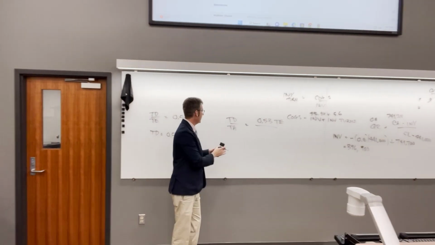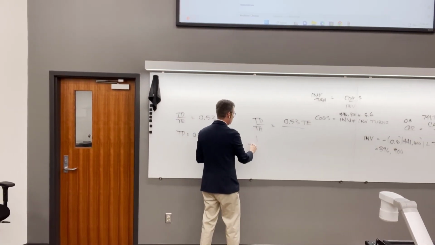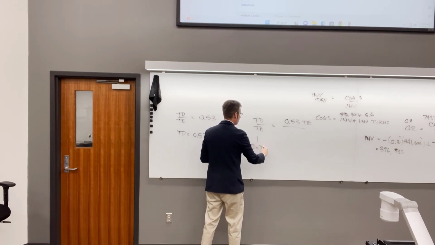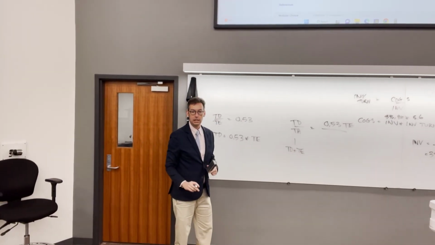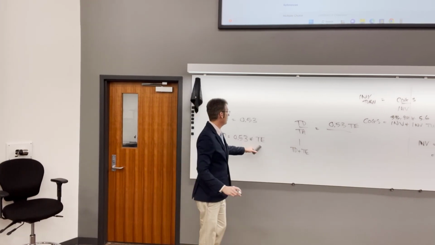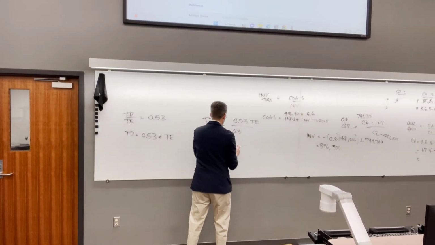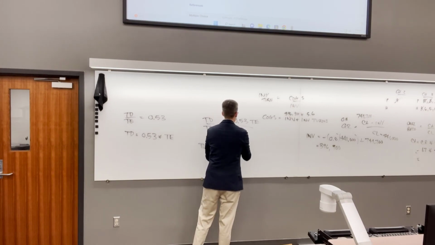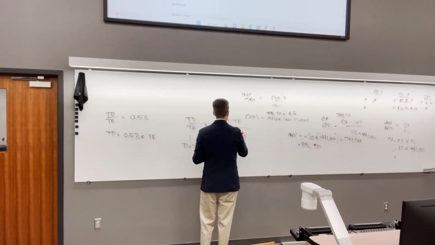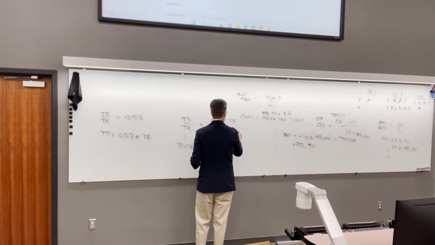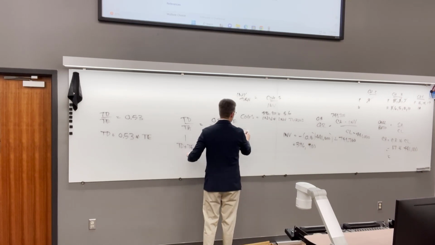Now, total assets is equal to total debt plus total equity. I know that total debt is 0.53 TE, and then down here I'm going to say plus TE.